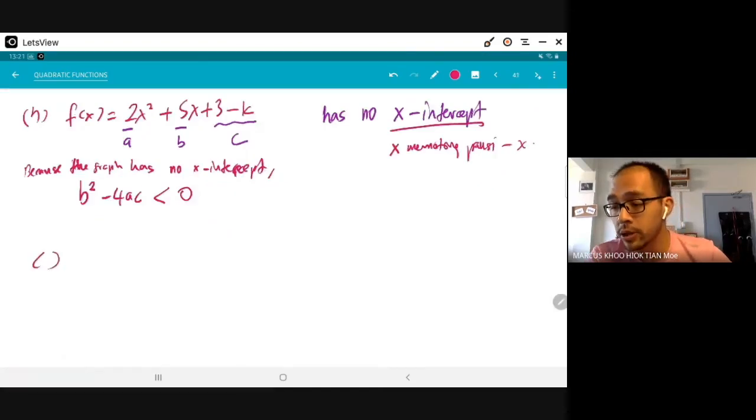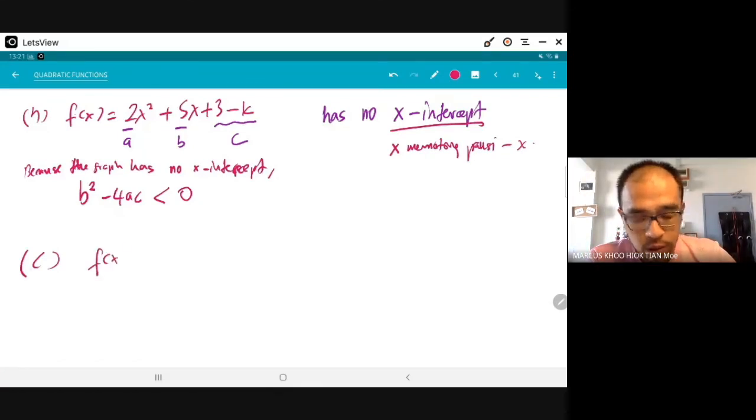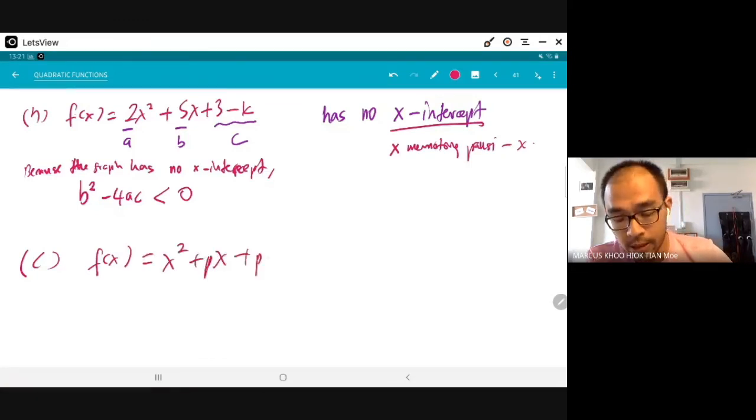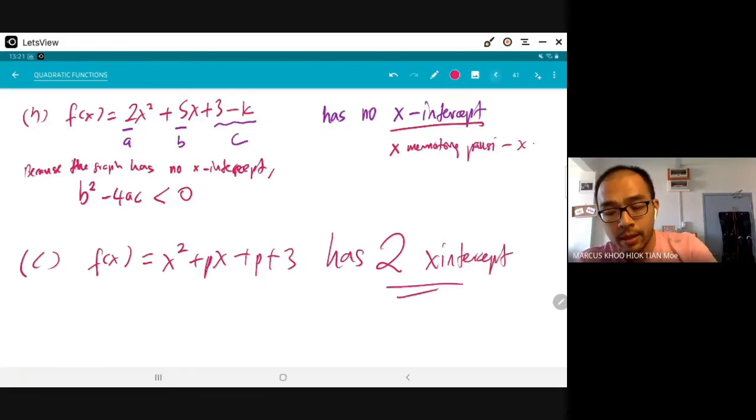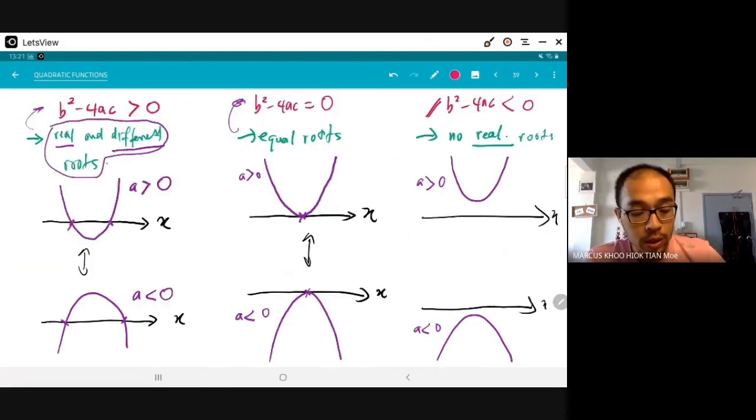Question C, question C dia cakap, find the range of values of p if you have the function over there equals to x² + px + p + 3. Dia cakap has 2 x-intercepts. 2 x-intercepts means dia akan memotong di dua tempat pada paksi x.